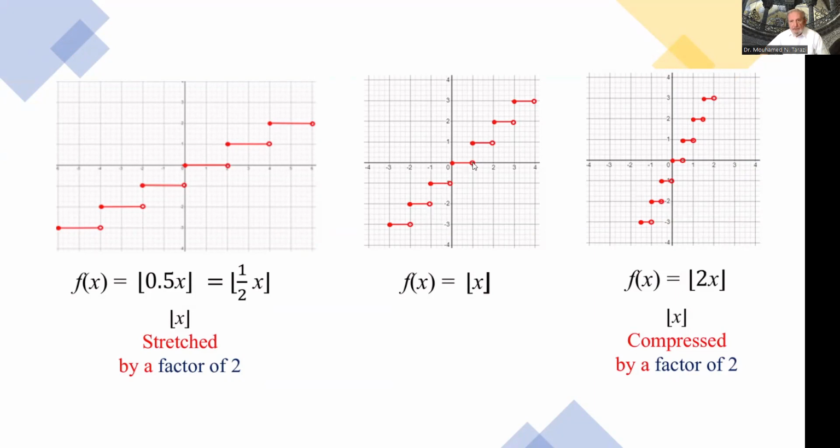You see how it is compressed by a factor of 2, and this one here is stretched by a factor of 2. All right? So when this number is greater than 1, you will have a compression. When this number is less than 1, you will have a stretch.